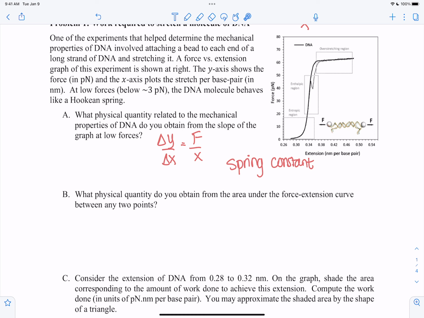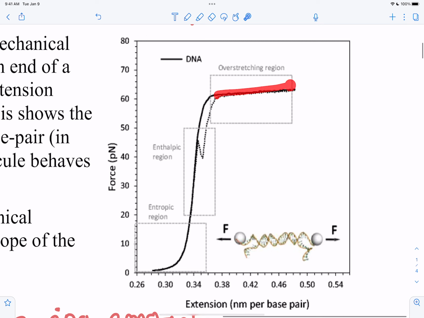Literally, they're asking you what physical quantity is related to the slope of the graph at low forces. They're just asking you in general. Because remember, we can calculate the slope here, and we can calculate the slope there, for example. But regardless, the slope in general gives you the spring constant.